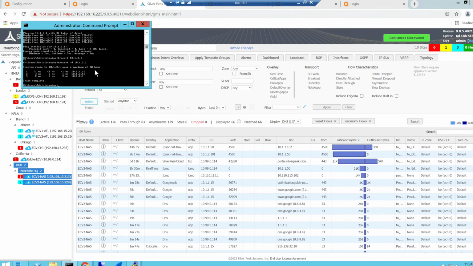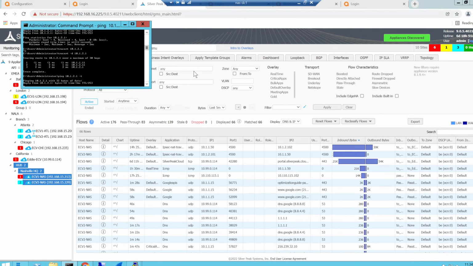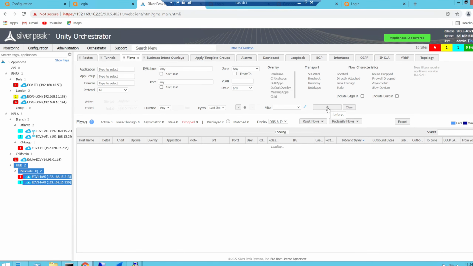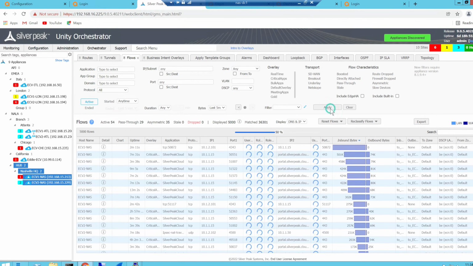I'm going to run a continuous ping, 10.1.2.1. Let's take a look. Okay, it's going, and we're going to go over here and look for that flow, that ping traffic, how it is going to show up.